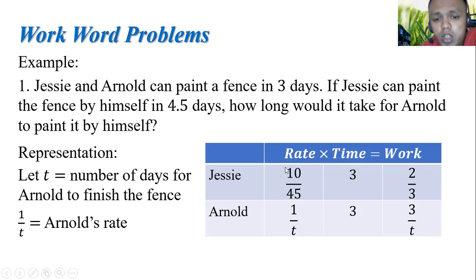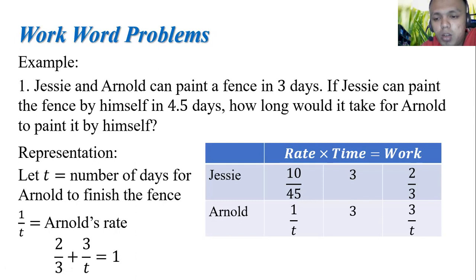So where did we get this 10 for Jesse? And for Arnold, 45 days. This 10 came from supposing he works on one fence, we move the decimal point 1 place to the right, so it becomes 10 over 45, because it is 4.5 days. Moving the decimal point 1 place to the right makes it 45, so there is no decimal number in our fraction.